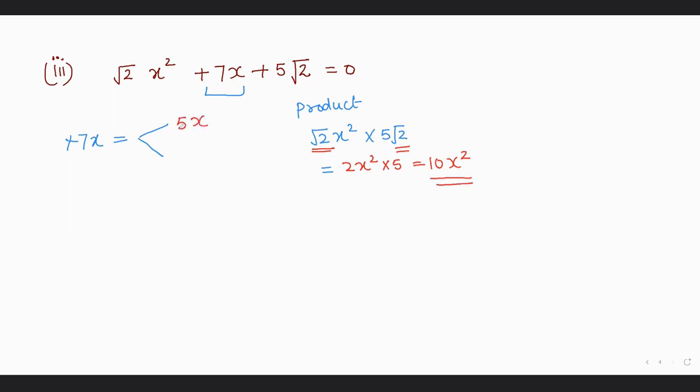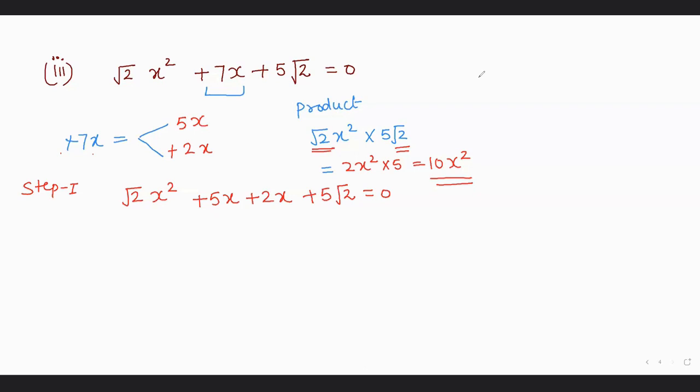We can take the factors 5x plus 2x. Now you see 7x equals 5x plus 2x, and if you do the product, it is 10x square. So now let us write step number 1: square root 2x square plus 5x plus 2x plus 5 square root 2.